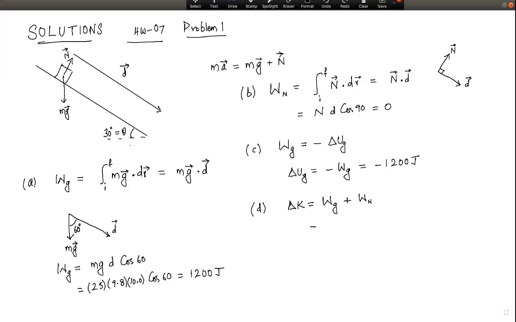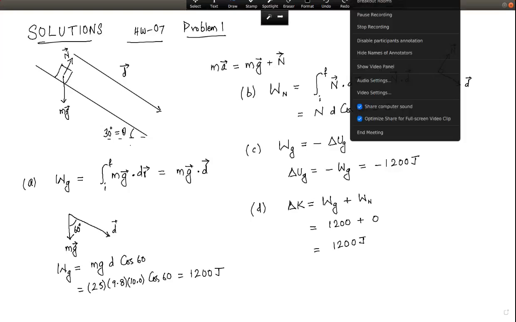We calculated the work done by gravity to be 1200 joules, and the work done by the normal force is 0. So the change in kinetic energy would be simply 1200 joules. Let me pause here for a moment before I come to the next problem.